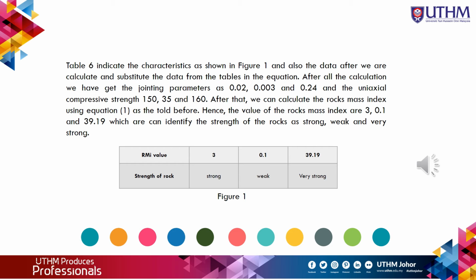In figure 1, at a value of 3 the rock is strong, but at a value of 0.1 the strength of the rock is weak, and when the value is 39 and 19 the strength of the rock is very strong. We can conclude that the higher the rock mass index value, the more the strength of the rock increases.